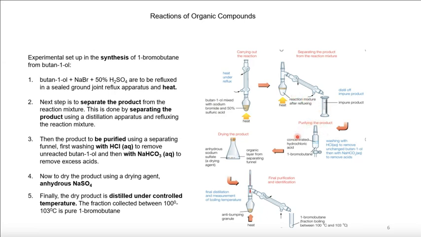You purify this 1-bromobutane by washing with hydrochloric acid and removing unreacted butan-1-ol. And then after that, we wash this with sodium bicarbonate and remove the acids. And then we have the purified organic 1-bromobutane, and we dry this then.